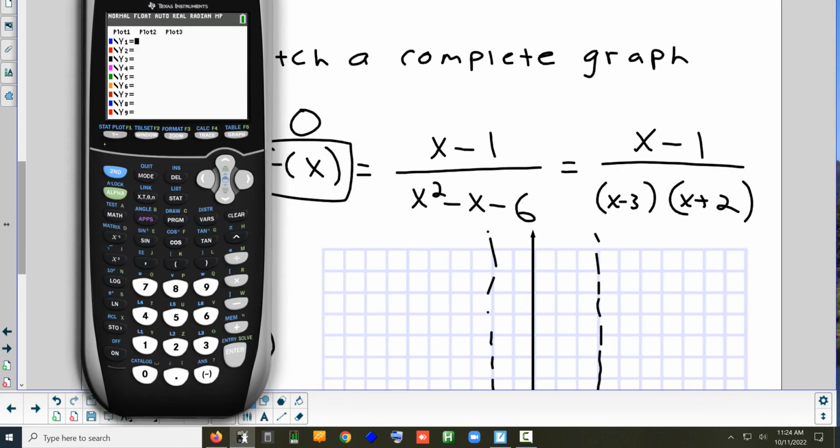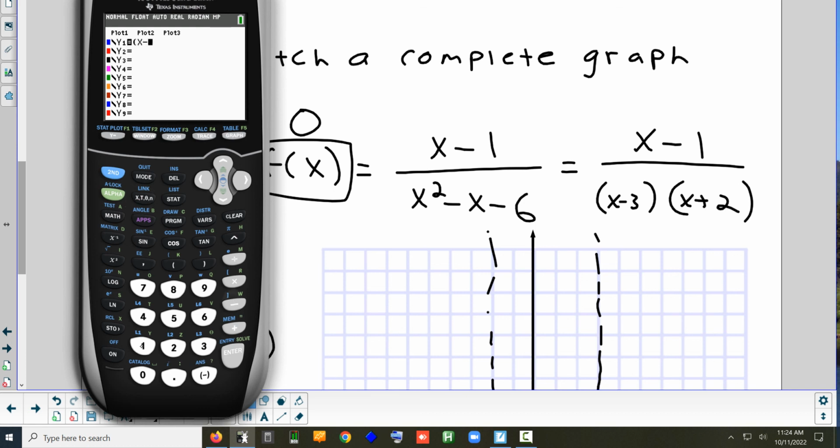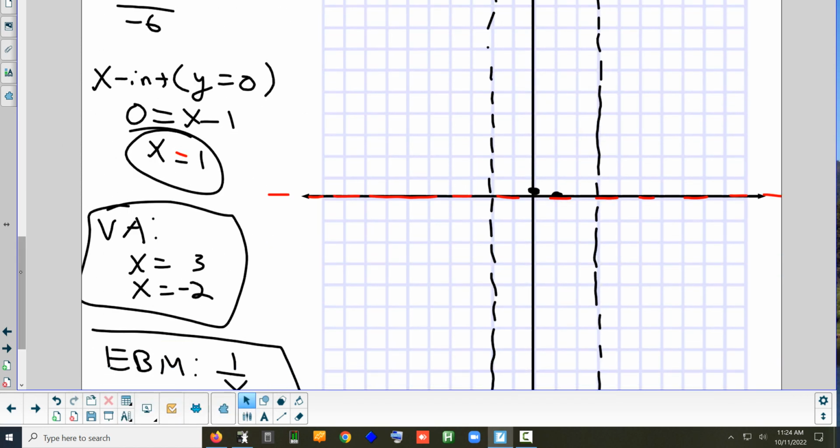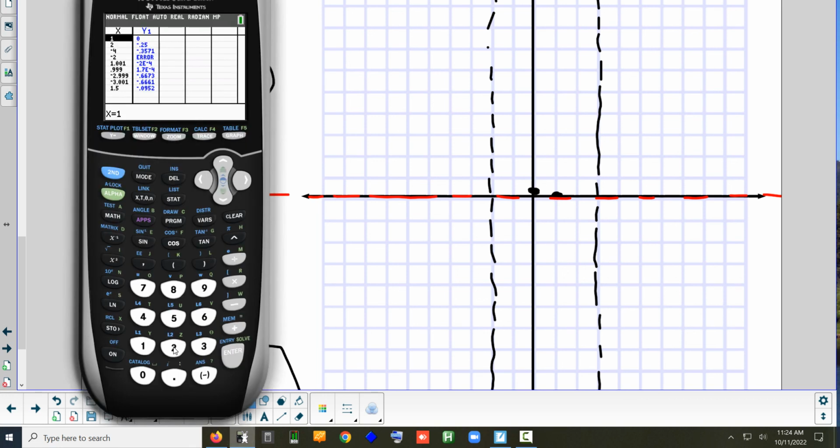All right, so we've got x minus 1 divided by x squared minus x minus 6. So what would be a good number to plug in if we want to check out what's happening close to 3? 2.99. Yeah, let's check out 2.99.